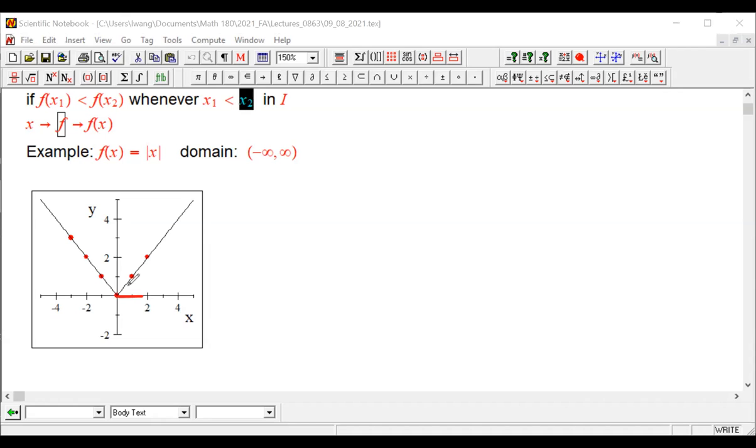So this is x1, right? And I will have another input, which I'm going to call x2, x sub 2, right? You see, the input is measured from the origin horizontally. The output is measured from the origin vertically.